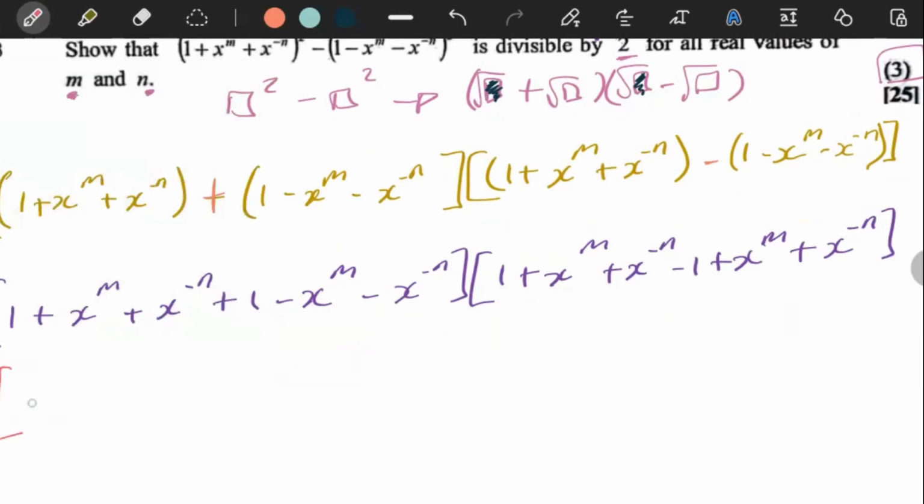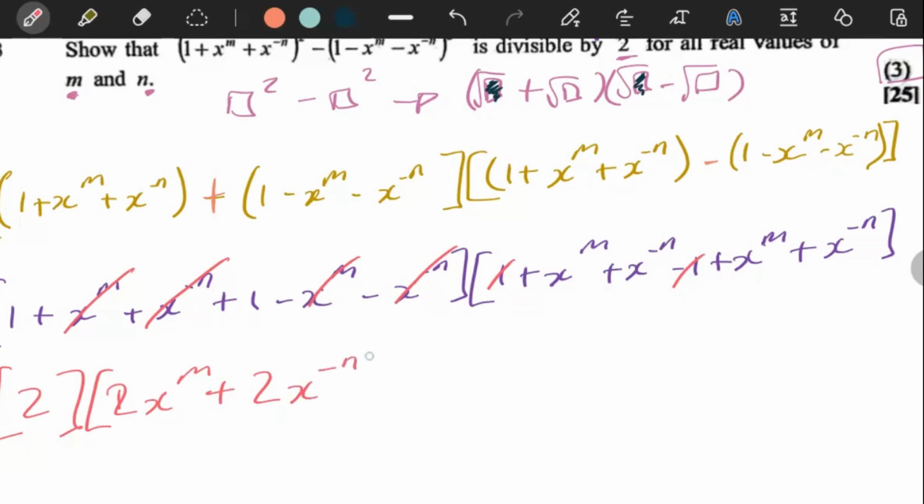So all this being said, 1 plus 1 here gives us a 2. This and this cancel out. This and this cancel out. So in the first bracket, you just have a 2 left. That's a good thing. The next one, this one and this one cancel out. These are like terms, so you have 2 of that, 2x to the power of m. This and this, these are also like terms, so you have another plus 2x to the power of negative n.